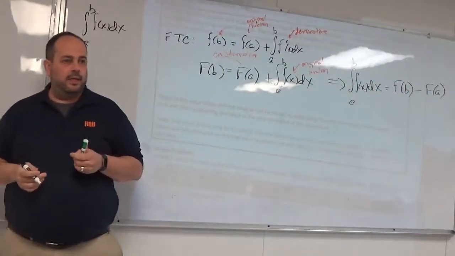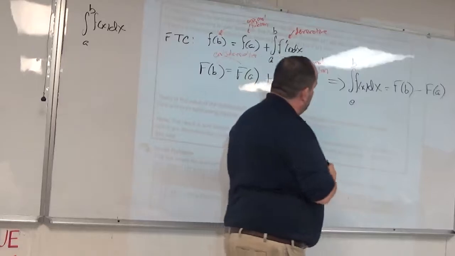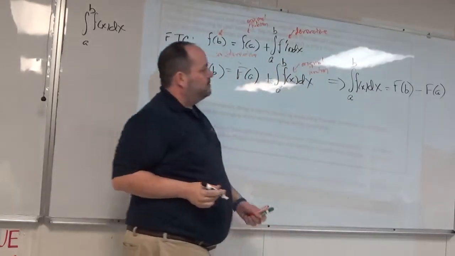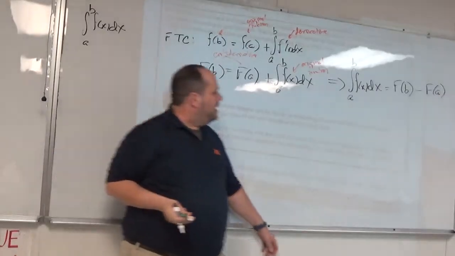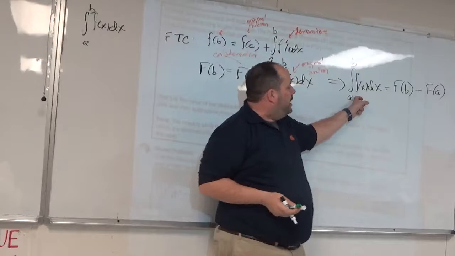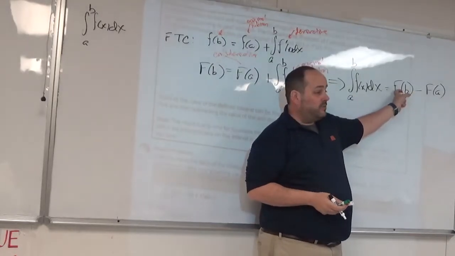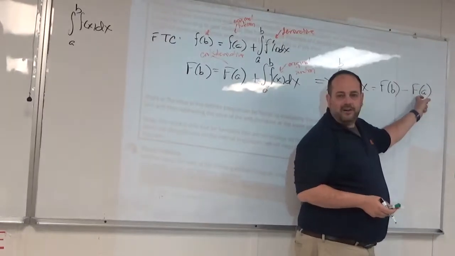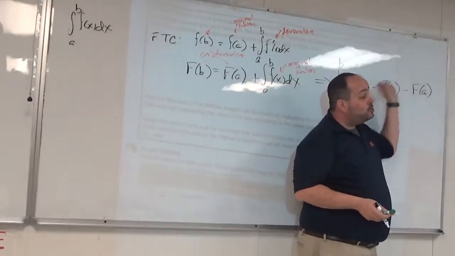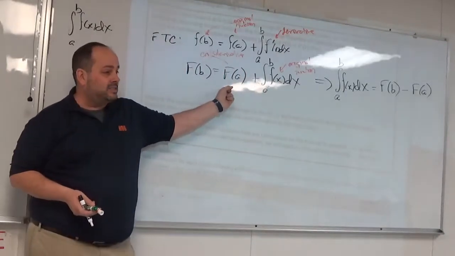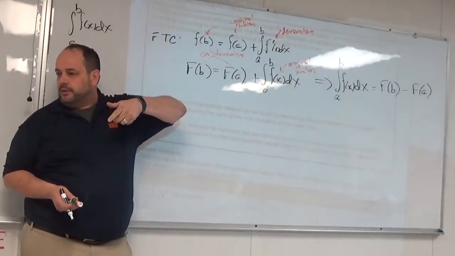If I'm asked to evaluate a definite integral, you find the antiderivative evaluated at B, you find the antiderivative evaluated at A, and you subtract those two. It's just the Fundamental Theorem of Calculus with some items moved around.